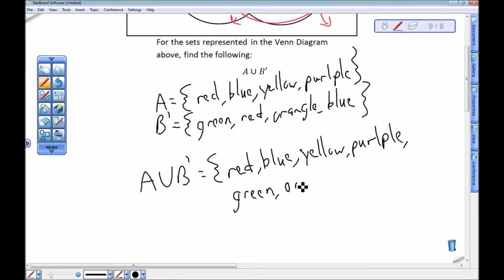Orange. And I already have blue. So here: red, blue, yellow, purple, green, and orange. I misspelled orange, there I go. So red, blue, yellow, purple, green, and orange are the elements in the set A union B complement.